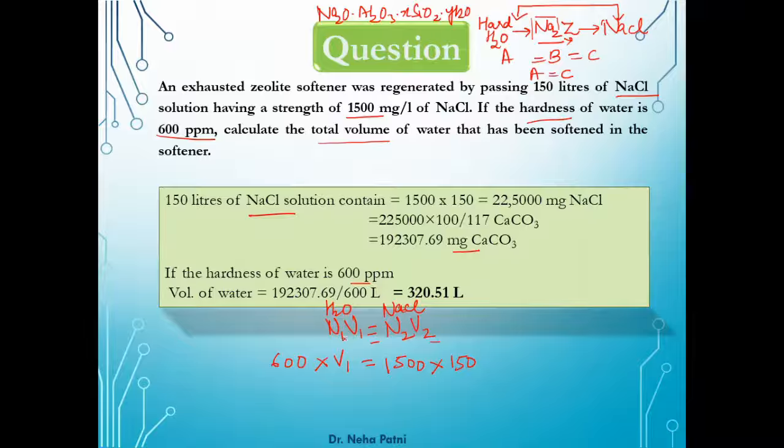But now if you want to equate it, I hope you remember in one of the videos on water hardness I said that you have to convert it into calcium carbonate equivalent. All of these you have to convert, using a multiplication factor, which is nothing but the ratio of molecular weights. So it would be the molecular weight of calcium carbonate, which is 100, to the molecular weight of NaCl, which is 58.5, because I want to convert this NaCl into CaCO3 equivalent.